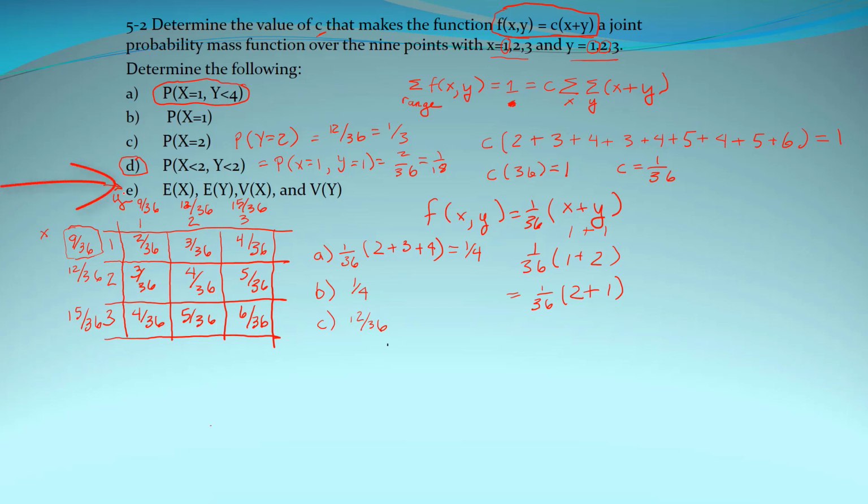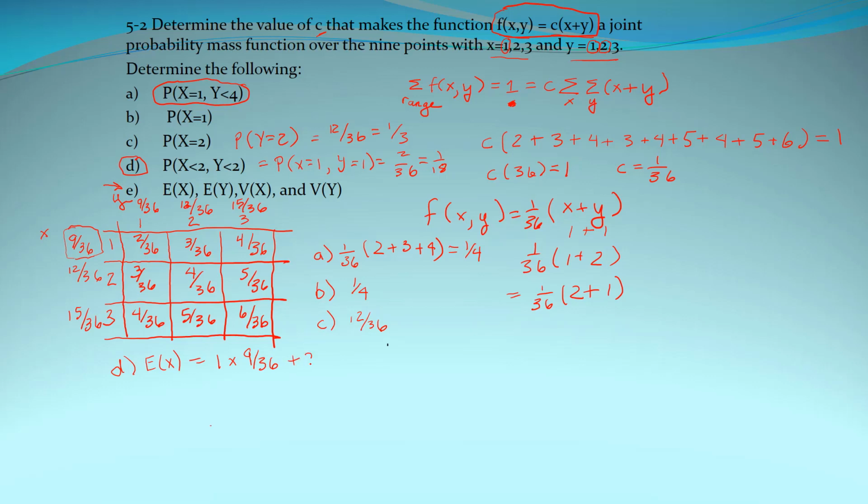So we have to do a few little calculations, but they're not that bad because we can see everything here on the table. So for part D, we take e to the x. Simple, just take that first 1. What's the probability that that 1 will occur? Well, 9/36. Easy.